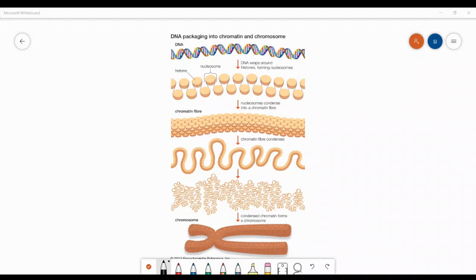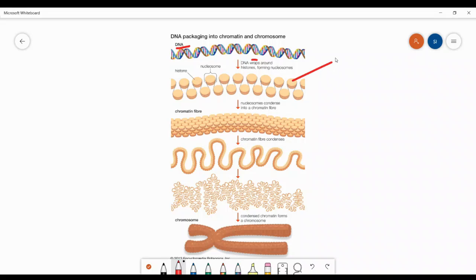The best way to understand chromosome is to look at it as DNA fragments, DNA which is wrapped around histones.